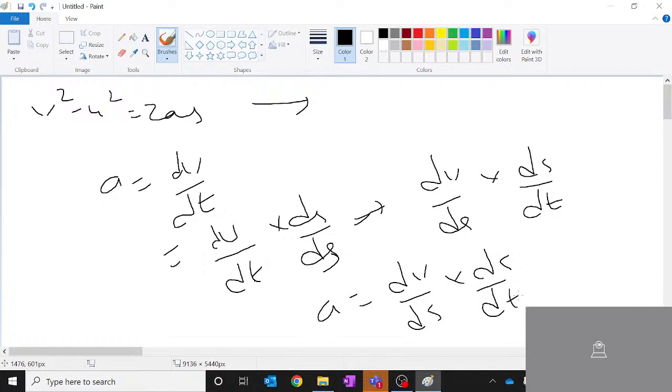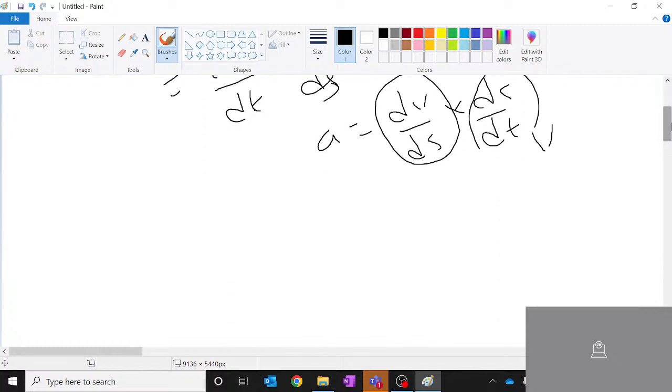Clear? Now what is my ds by dt? Nothing but v, velocity. So dv by ds is what I will integrate. Okay, so a ds is nothing but v dv.